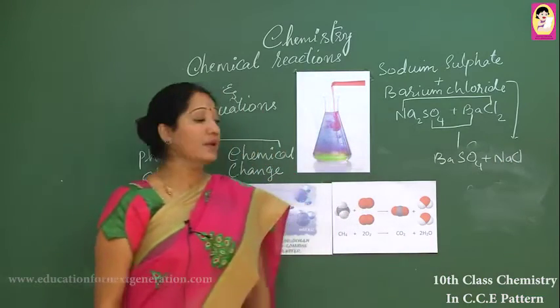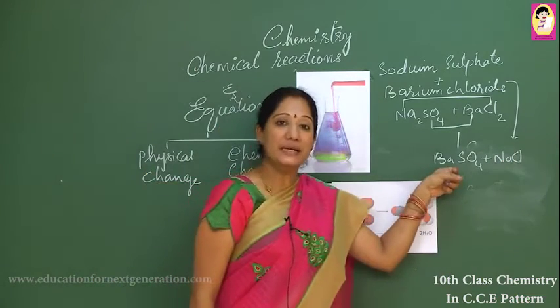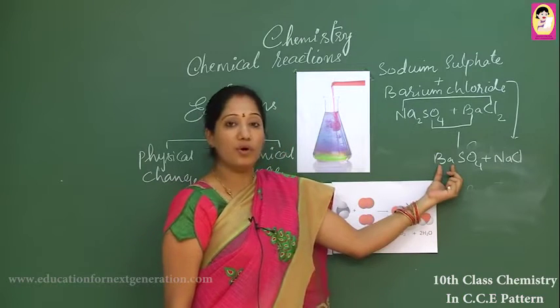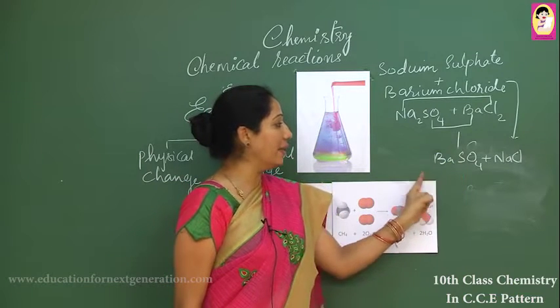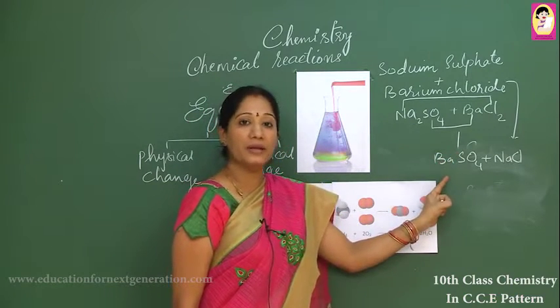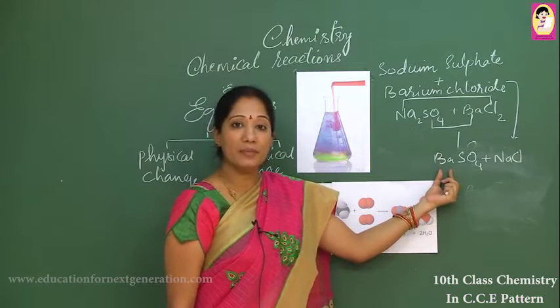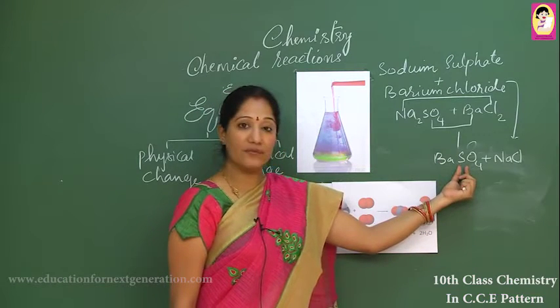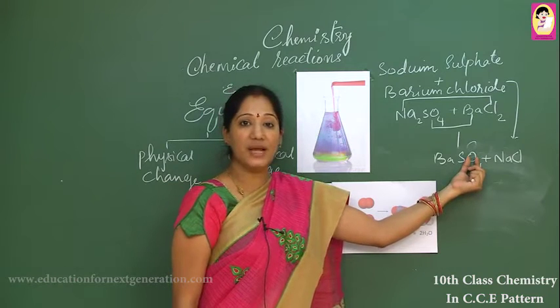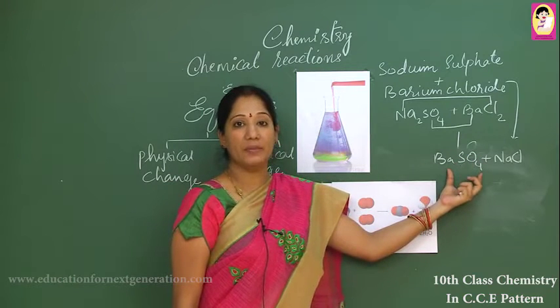Now see here, from this equation it is clear that there is one atom of barium. Why? Because nothing is present nearby the barium. So one barium atom reacts with one sulfur atom and 4 oxygen atoms, giving rise to barium sulfate.